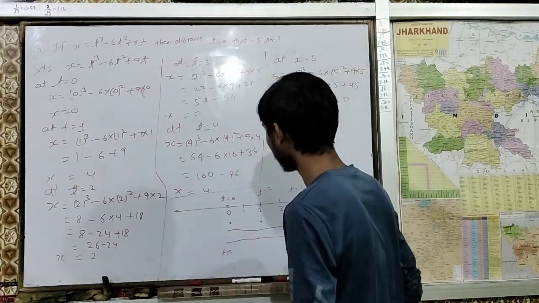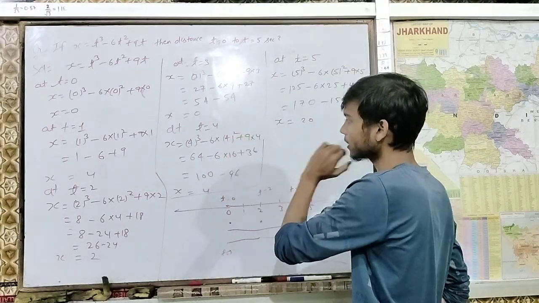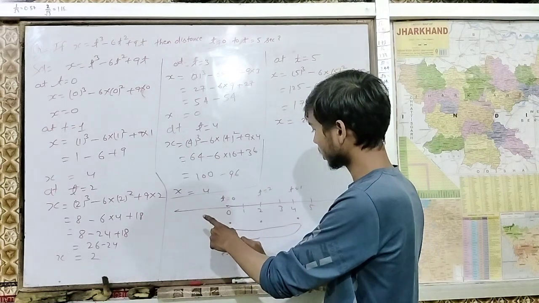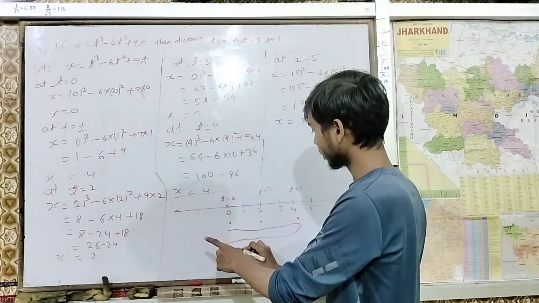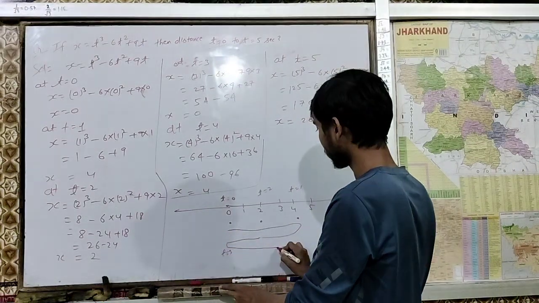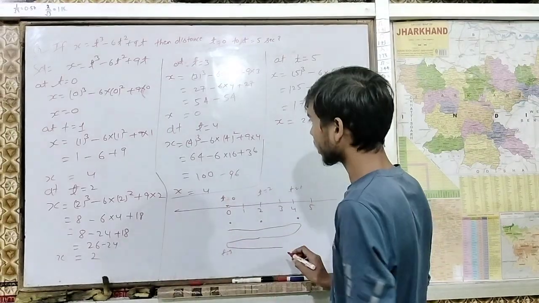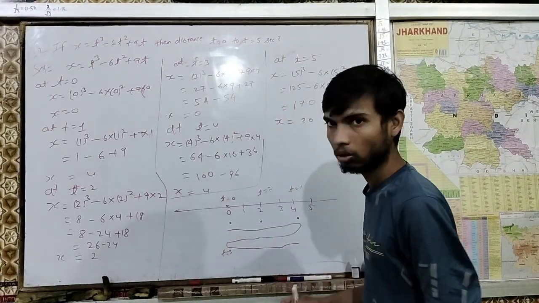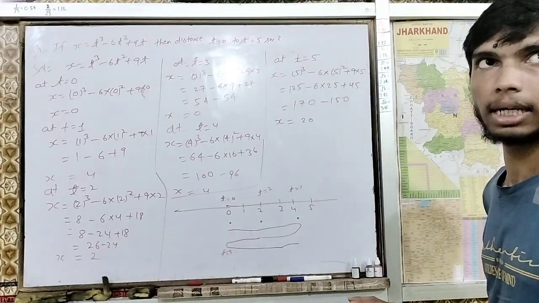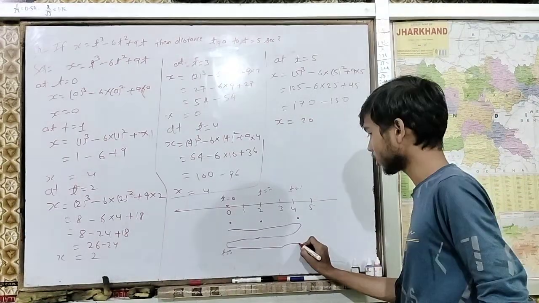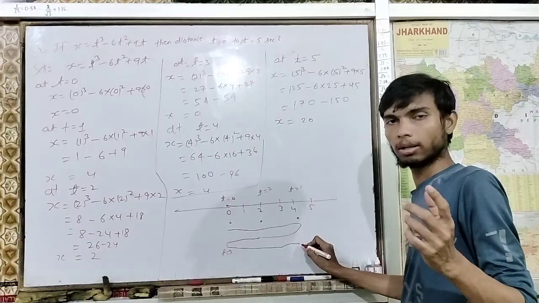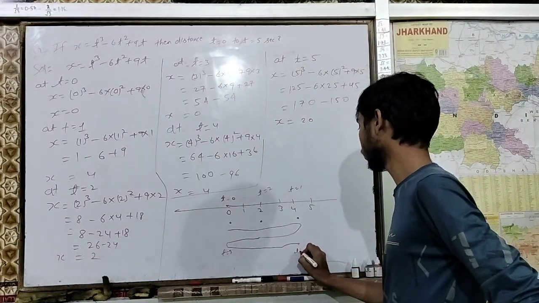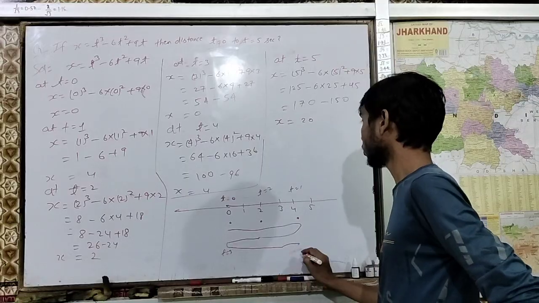Now t is 3. Now t is equal to 4. Again it starts moving. At t is equal to 4, x is also coming as 4, so again it reaches the final position according to displacement.